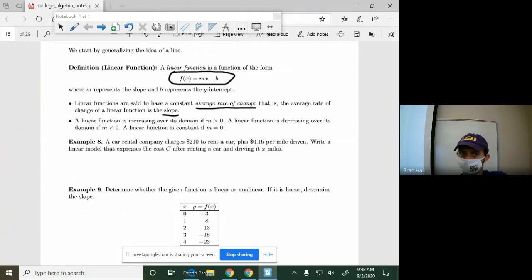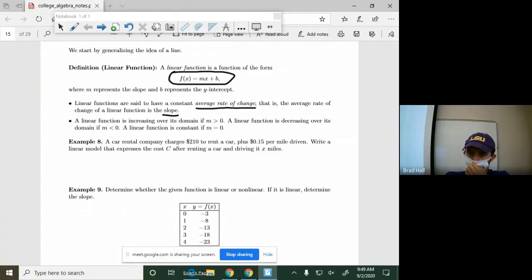It's decreasing if the slope is negative, which is fairly intuitive based off of our understanding of lines. So positive slope, that would increase. Negative slope would decrease, would go down. So that'll answer a few homework questions right there.